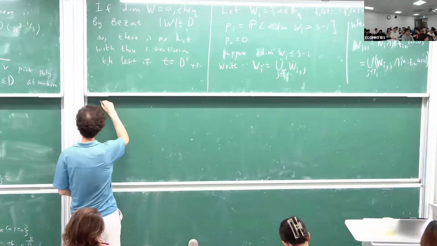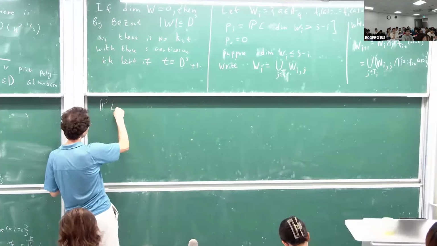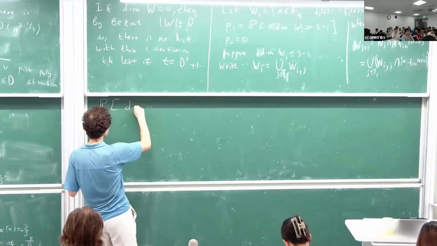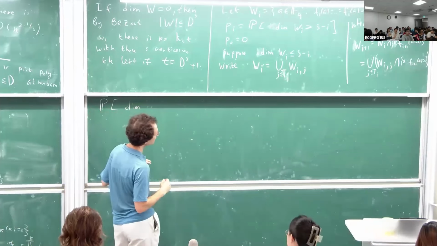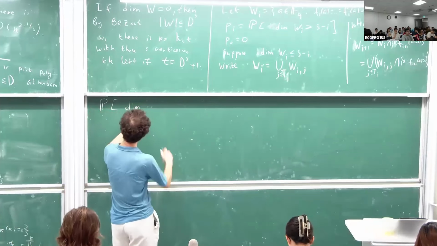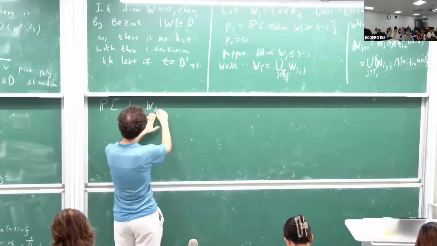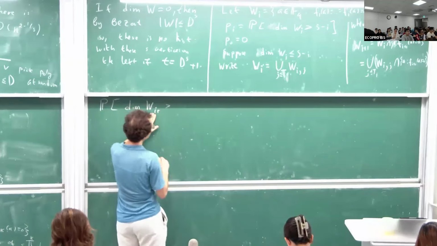Well, what's the probability that the dimension of Wi plus 1 is bad?